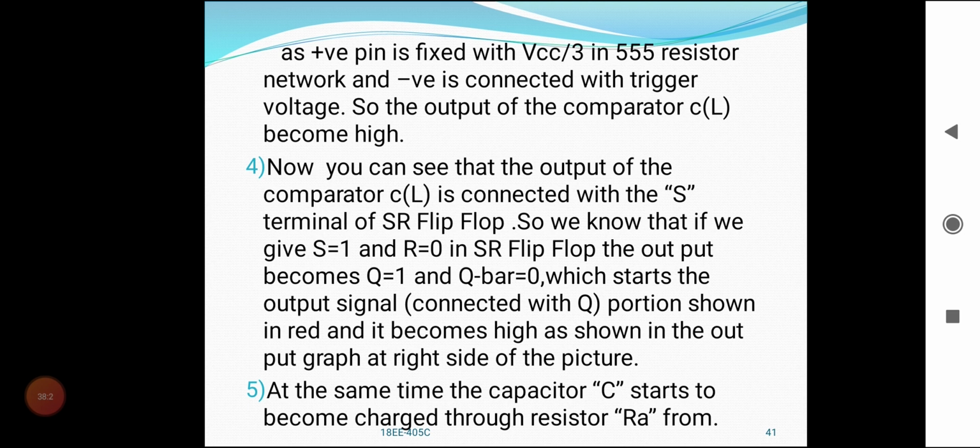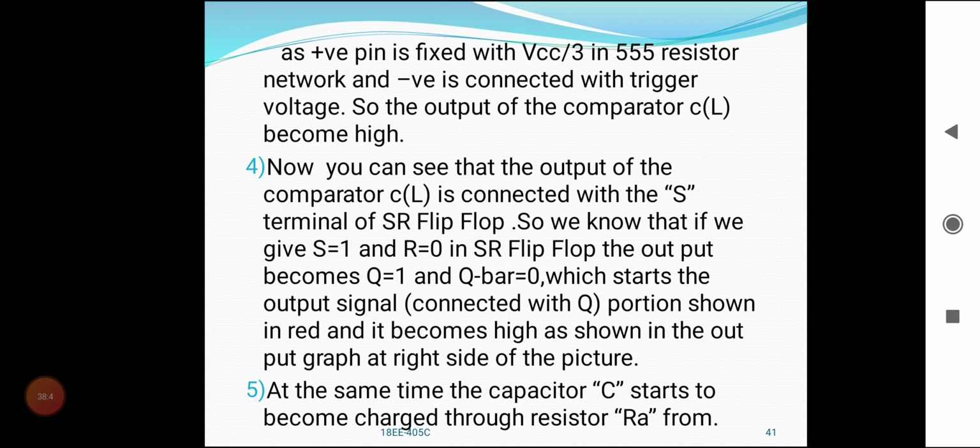As the positive pin is fixed at VCC by 3 in the 555 resistor network, and the negative is connected to the trigger voltage, the output of the comparator CL becomes high.